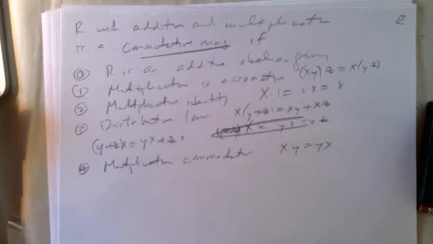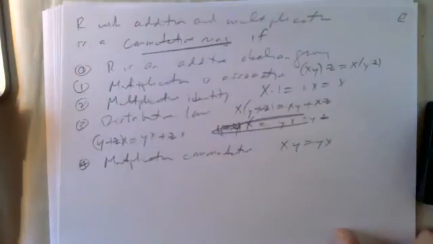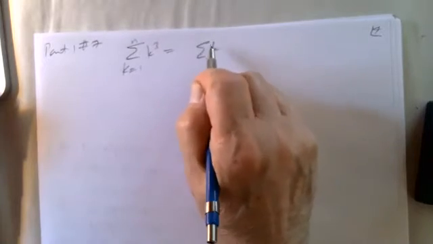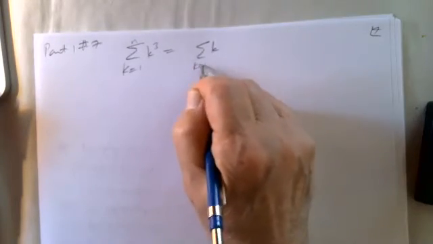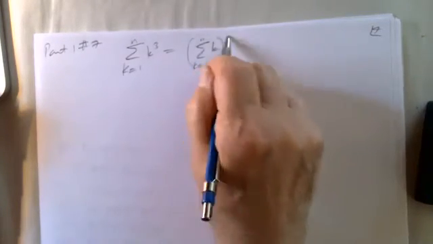So we want to prove by induction that if you take the sum of the first n cubes, that's like taking the sum of just the first n integers and squaring the sum.